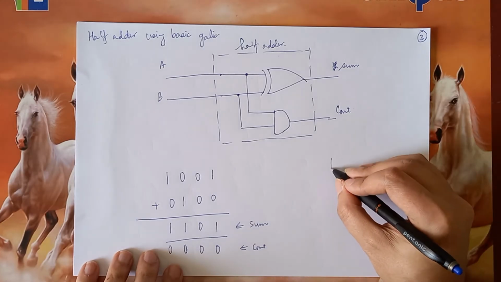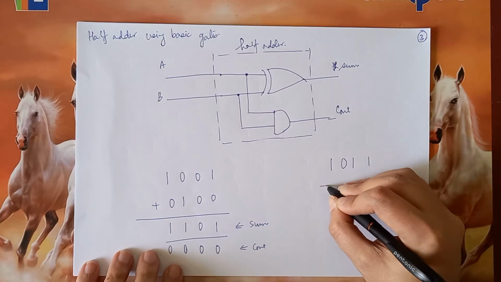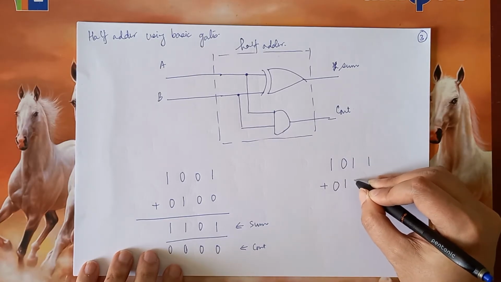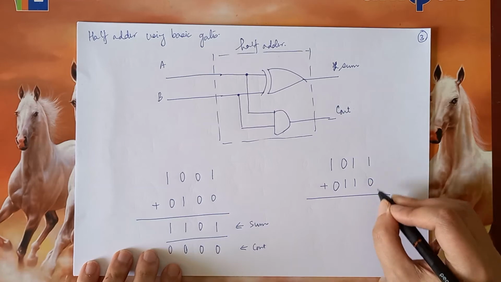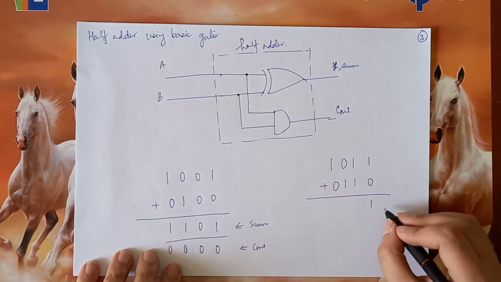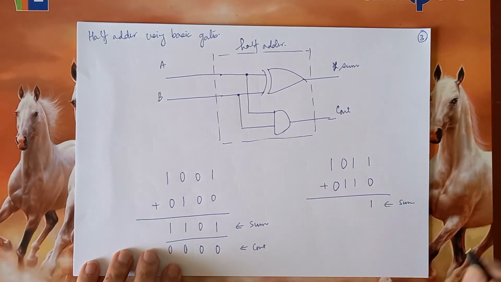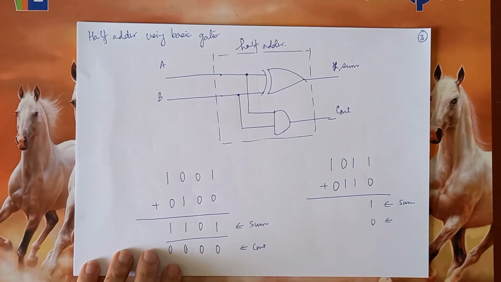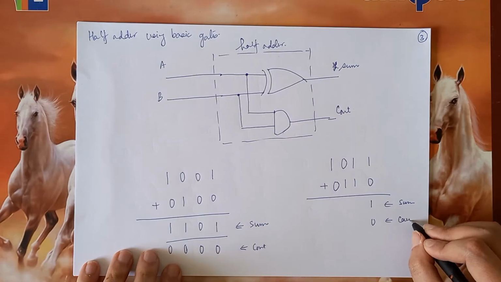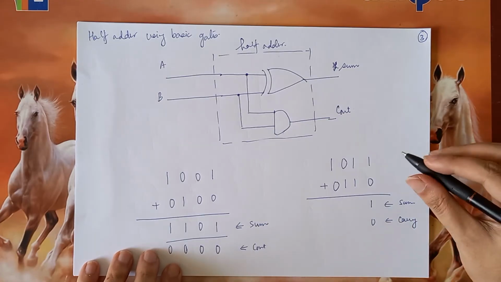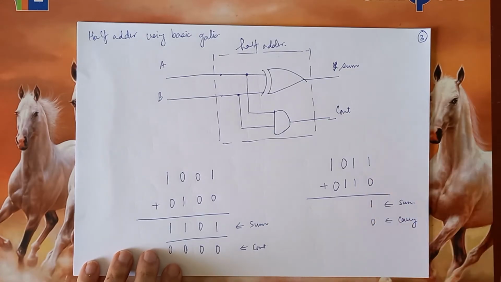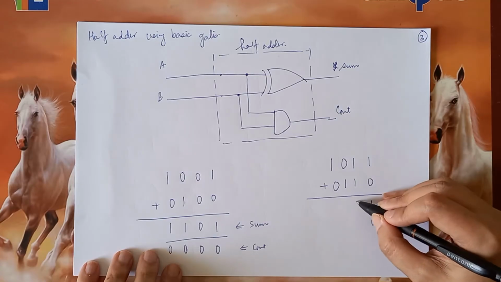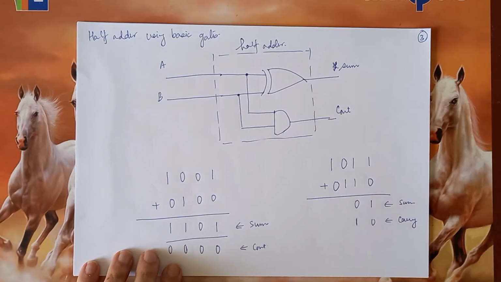So let us say, for example, 1 plus 0 is 1. So here the sum is 1 and the carry is 0. However, for the second addition, 1 plus 1, the sum is 0 and the carry becomes 1.